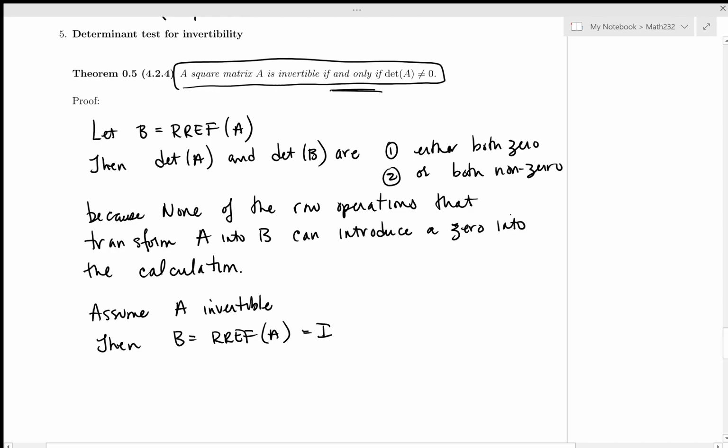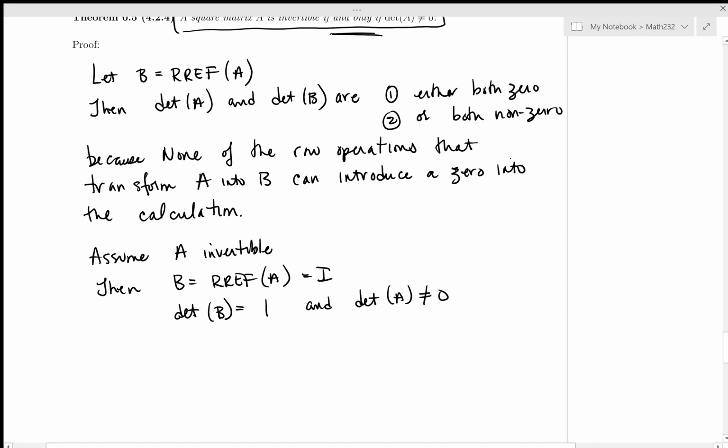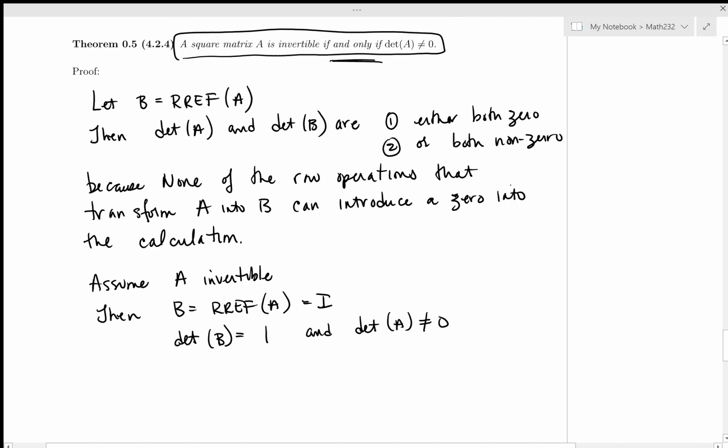If A is invertible, then its reduced row echelon form is I. So that means that the determinant of B is equal to 1, and the determinant of A then is not 0, and we're done. We wanted to show that A invertible implies that the determinant of A is not 0.